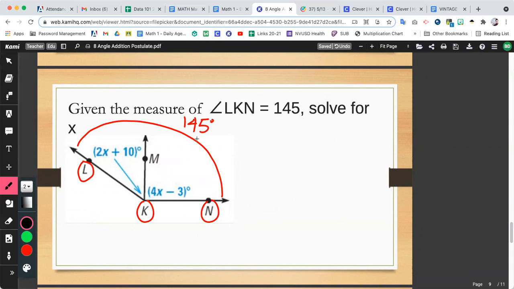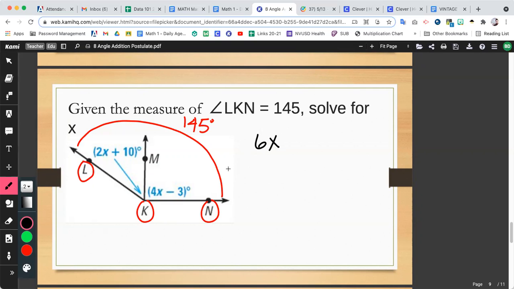Okay, so what I'm going to do is combine like terms. The left side of the angle is 2x plus 10. The right side is 4x minus 3. So let's combine like terms. I have 2 x's from the left side and 4 x's from the right side. So how many x's altogether? 6x. Very good.